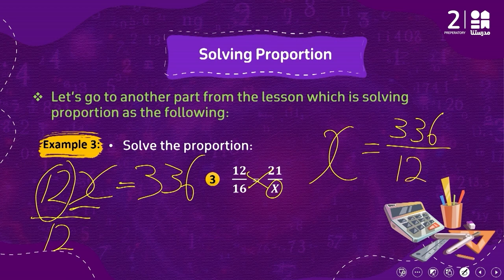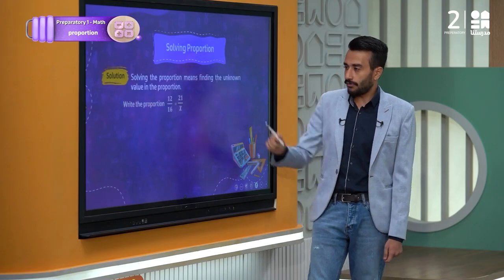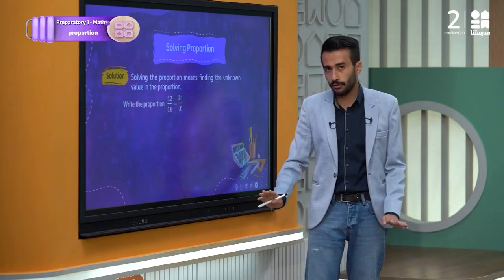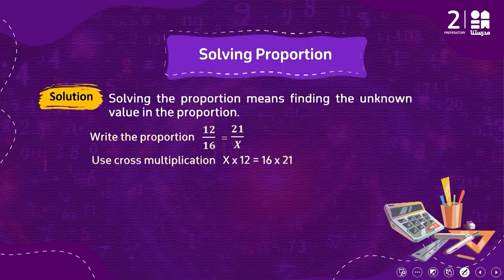Let's recap on this. If you have this proportion, and he said it's a proportion, so now we can multiply directly. You can multiply 12 by x and 21 by 16. Again, this one and this one are called extremes, and these two are called means.